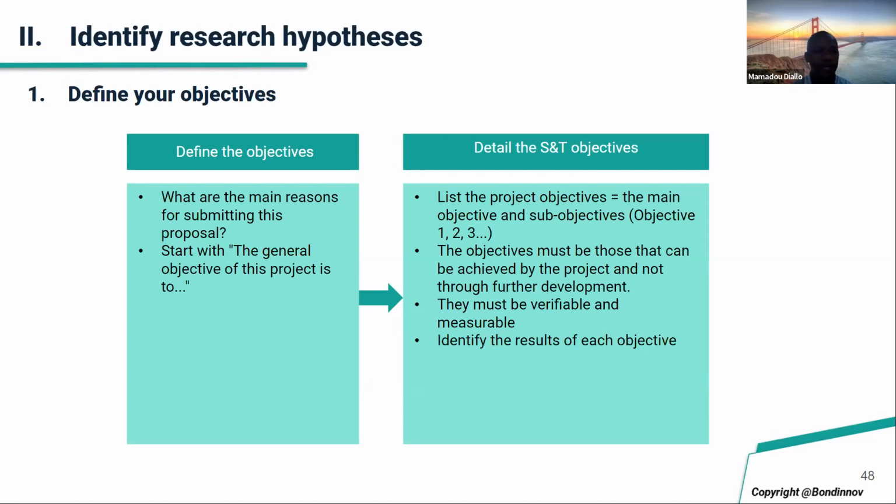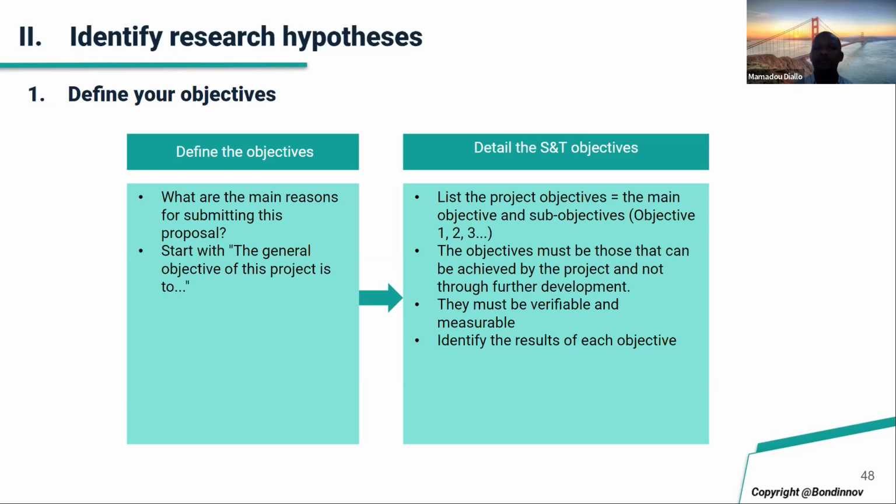I think we are running over time, so I have to go quickly. Start with the general objective of this project, which is always to contribute to something. From this general objective, you will structure it into specific objective 1, specific objective 2, and then for each one, you will associate an action.